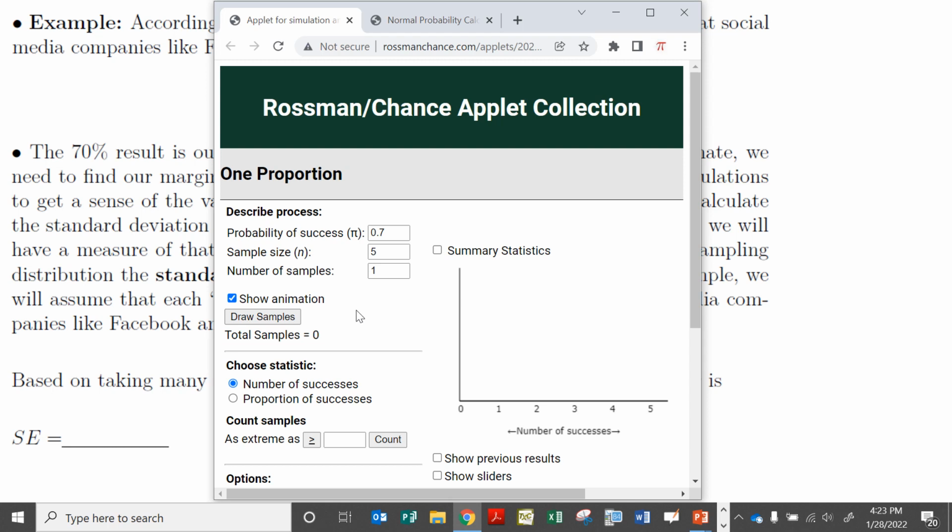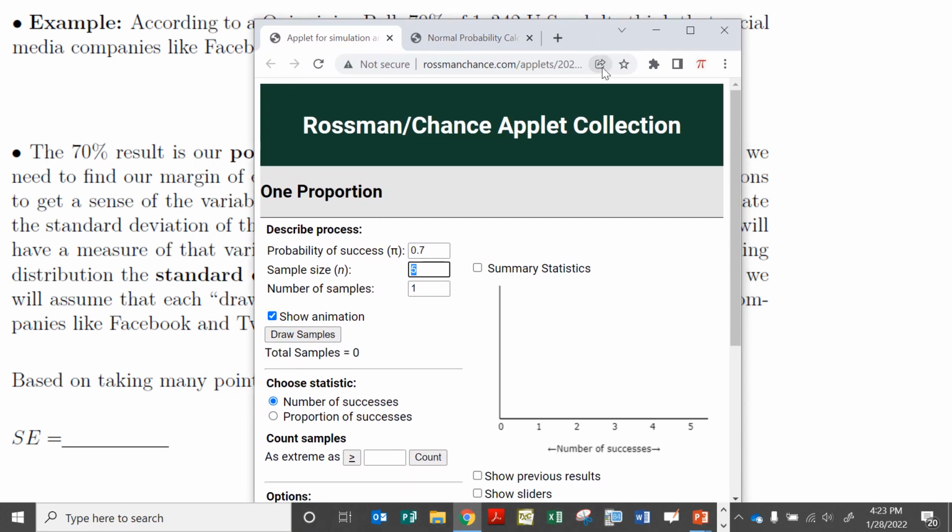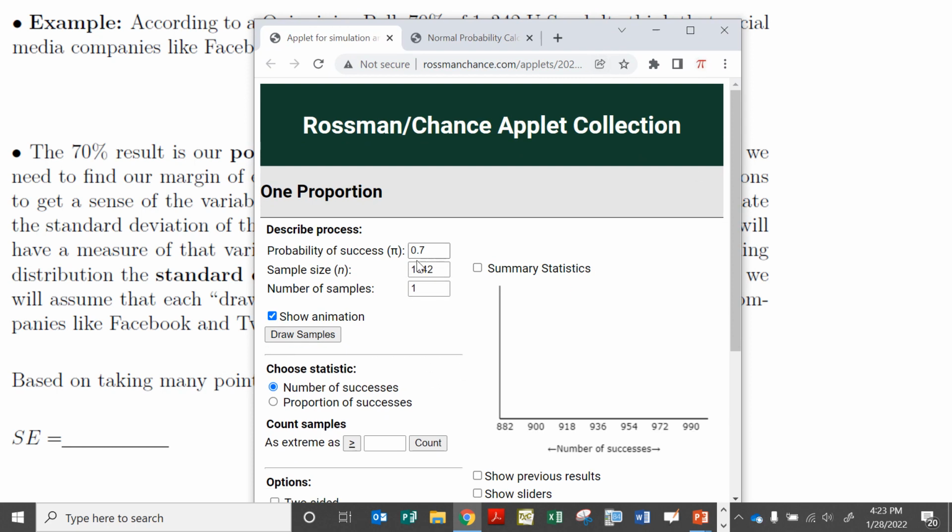And what I want to do is simulate what it's like to have a sample of size, what was our size again? 1,342. What's it like to sample with this size, assuming that it's about 70% in the population? What kind of variation do I expect in that scenario? So I'm going to click on proportion of successes. And we're just going to collect a lot of these samples. We're going to simulate this over and over again. So I'm going to do this 1,000 times.